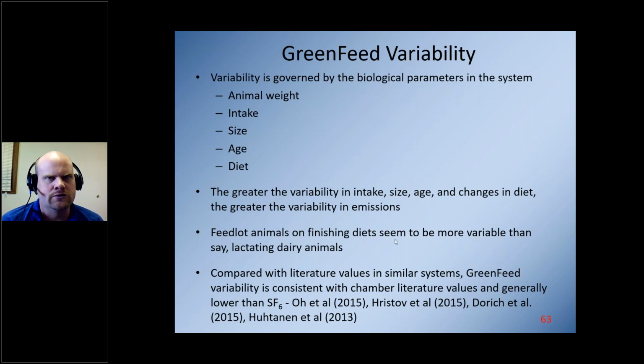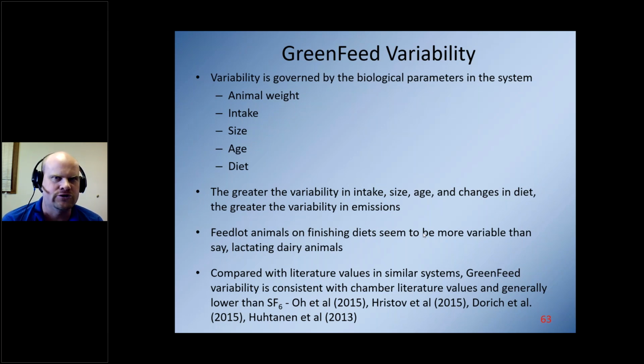Feedlot diets or high concentrate finishing diets seem to be more variable both between animals and within animals. And I think that's because we're pushing the rumen to a state where gas emissions are not very high compared to a forage diet, and the animals are sort of sitting right on the edge in terms of rumen pH and so forth, which is driving some animals maybe to produce more because their rumen state's quite a bit different than the next animal.